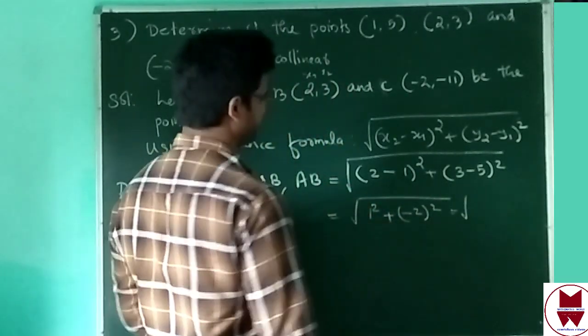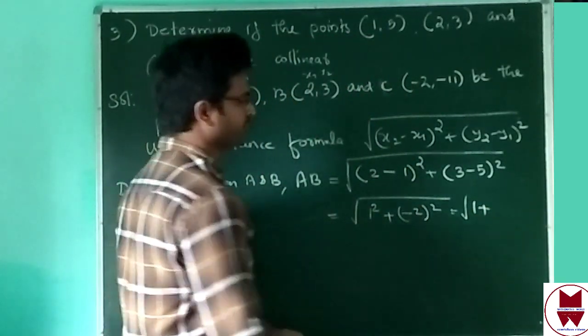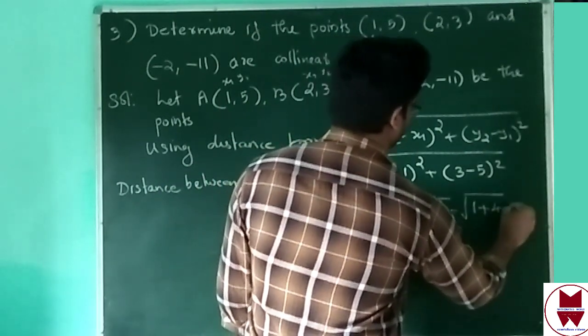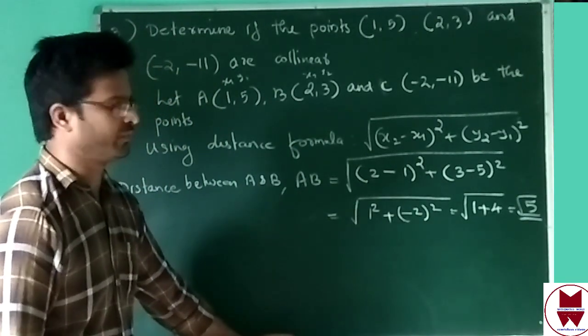Square root of 1 square means 1 into 1, 1. Minus 2 square is minus 2 into minus 2, 4. Root 5. AB equal to root 5.